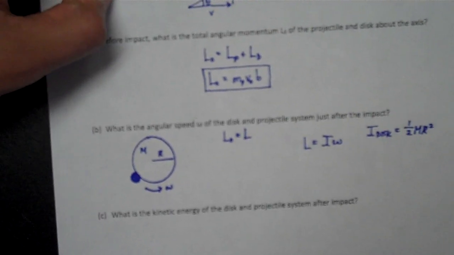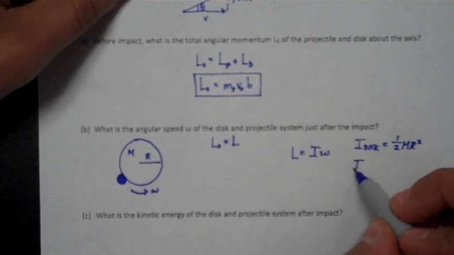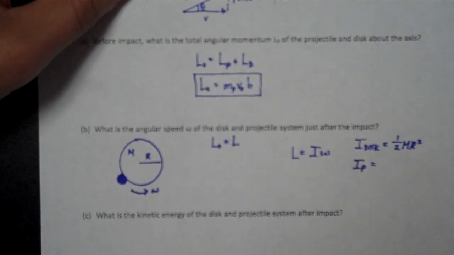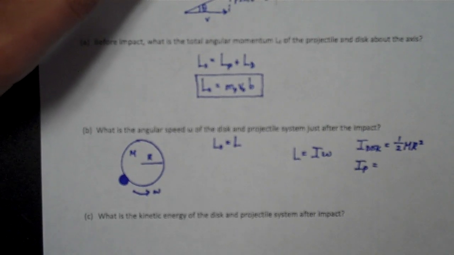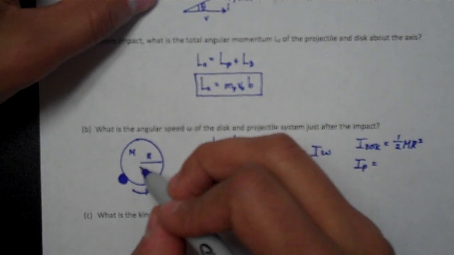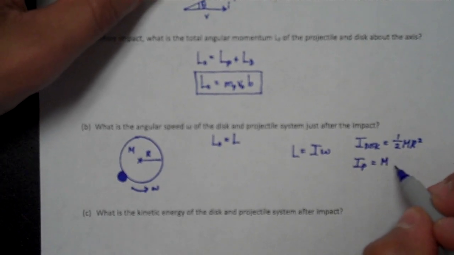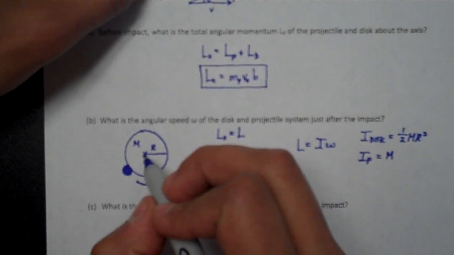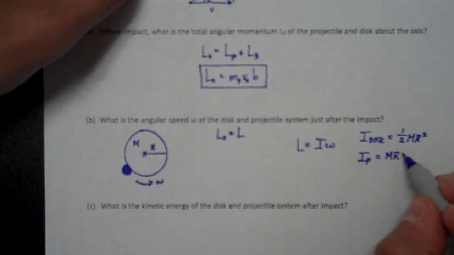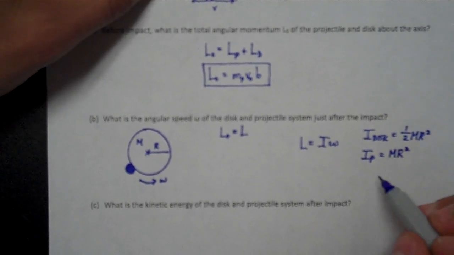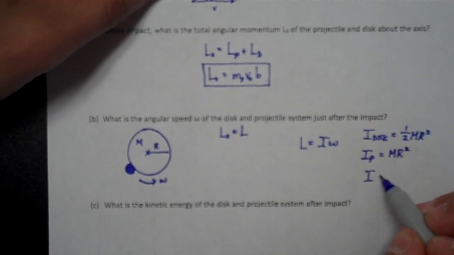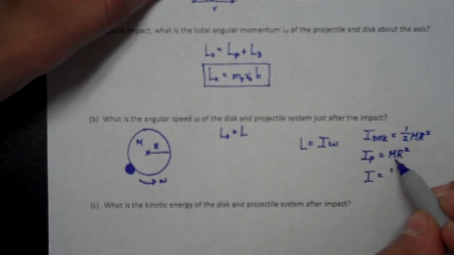We found that before. The moment of inertia of the projectile, well, this is just a point mass rotating about some axis. So its moment of inertia is m times the distance from the axis to the point mass, r squared. So then my total moment of inertia is those two things added together.